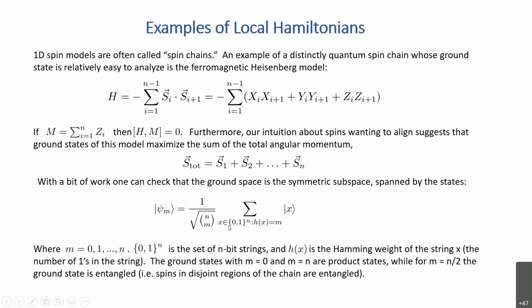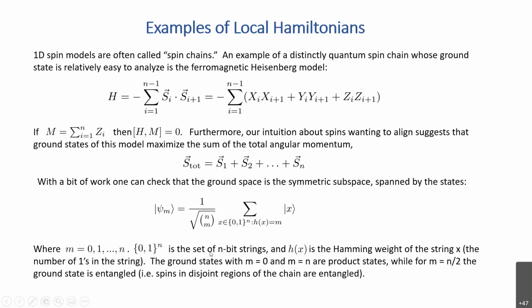And that's because of this commutation property, these states of fixed Hamming weight also have a definite value for this magnetization in the z direction. So the ground space is spanned by these states.